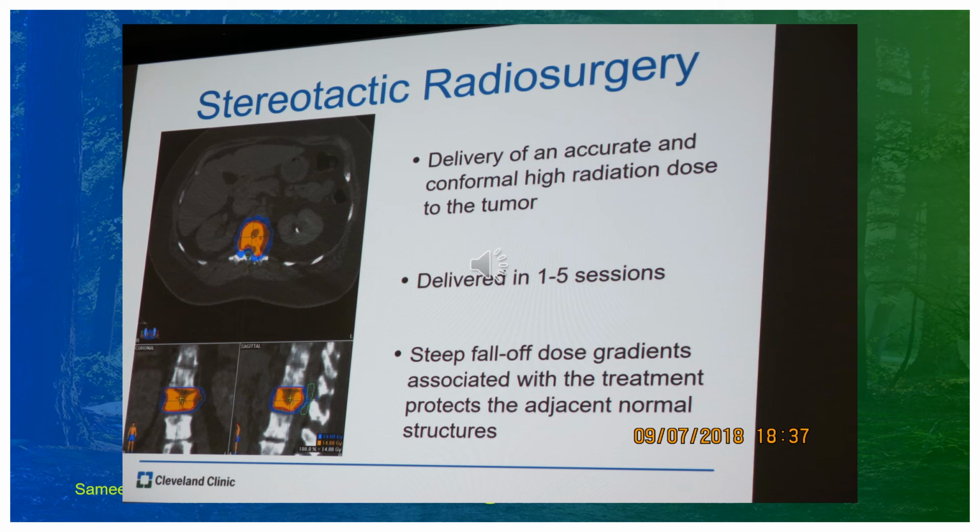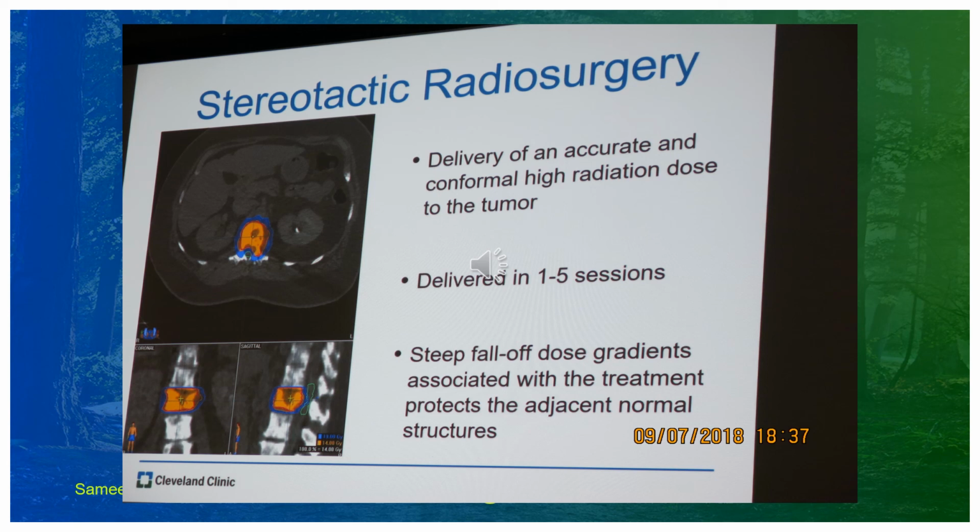So with this technique, we can isolate the tumor tissue from the neural tissue, and we can deliver increasing doses of radiation that will kill the tumor cells even if they are radioresistant or even if they are previously irradiated. And this is a big advancement in tumor management.